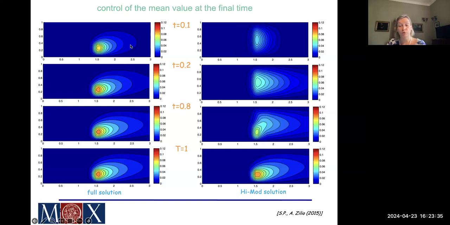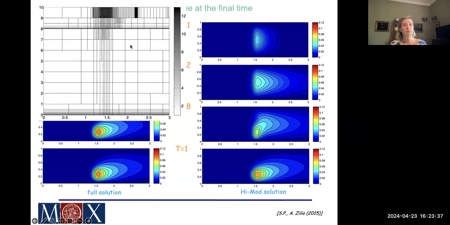And here we have an example of what we call a lookup diagram. So the gray map is associated with the number of modes. White means few modes, gray a larger number, black the highest number of modes. Along the horizontal axis, you recognize the space partition.